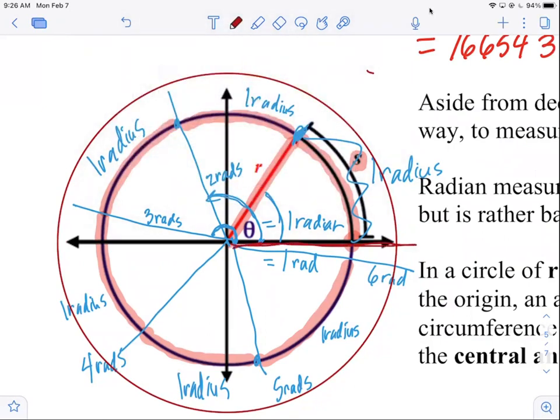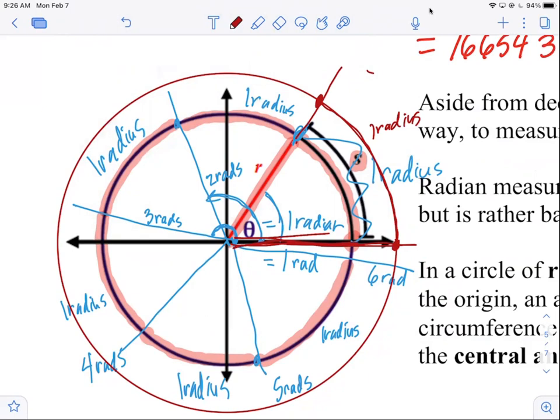If I took that larger radius and wrapped it around its circumference, guess where it's going to land? It's going to land on that same terminal ray, because they're linear, they're proportional to each other. The scale factor divides out.